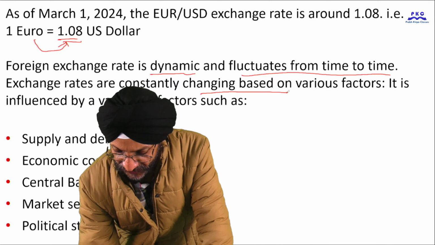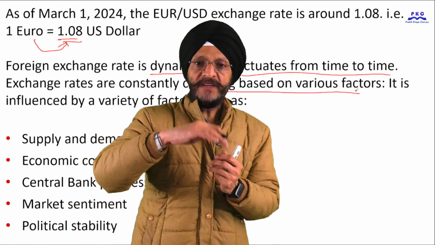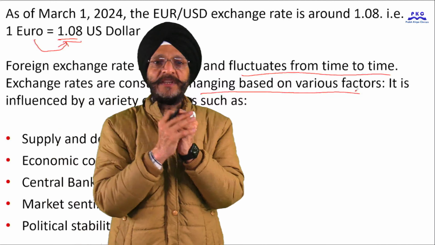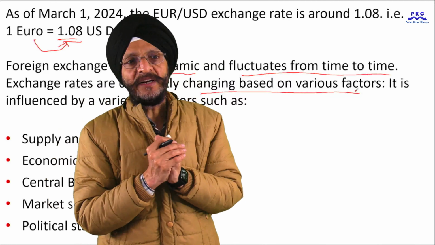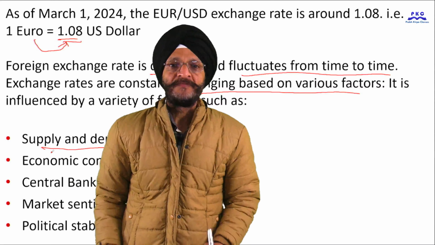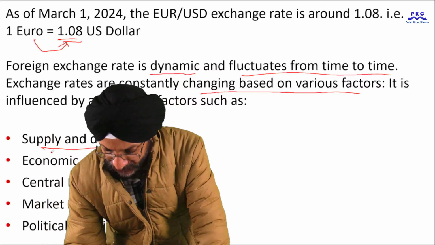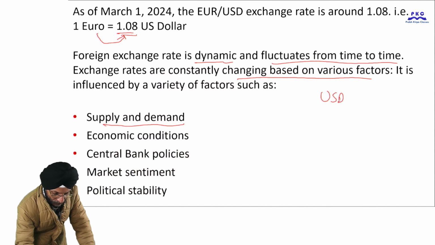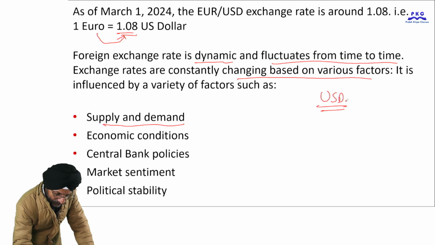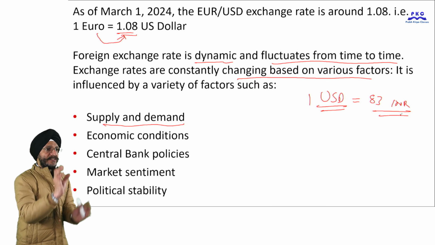Why do exchange rates change? Why do they fluctuate? Because they are influenced by different factors. What is supply and demand? Suppose there is a lot of demand for US dollars, and today suppose the US dollar is approximately 83 Indian rupees, we are taking just an example.